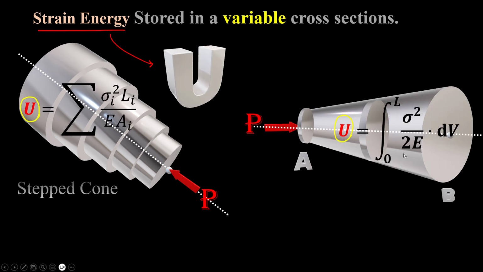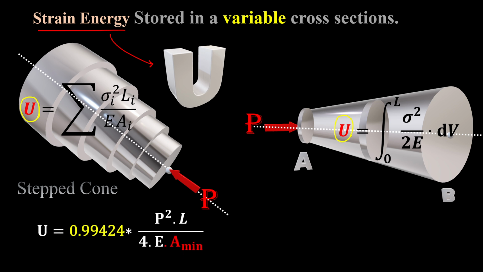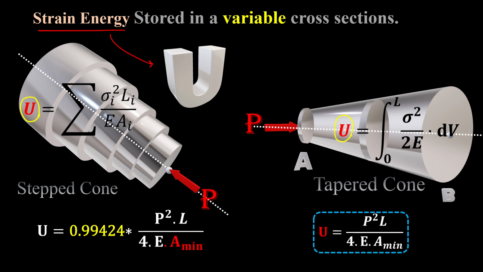If you have a closer look at the stepped cone, it gives a strain energy function equal to 99% of P squared L over 4 E A minimum. When you use the tapered cone, like in our previous problem, U is equal to P squared L over 4 times the modulus of elasticity times the minimum area.